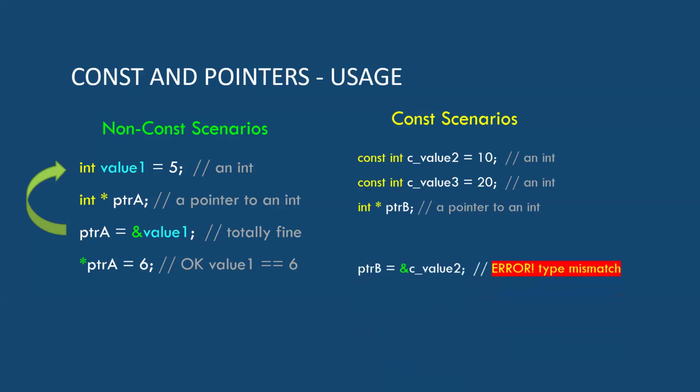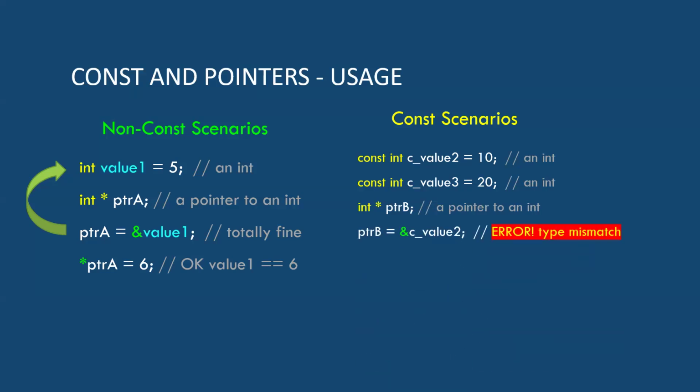But watch what happens here. This is the hot sauce. If you make your variables constant and you say, oh, I'll just take the address of that, the compiler sort of throws up its hands and says, these are not the same things. An integer is not the same as a constant integer. So we cannot say int star ptrB equals a constant, because that's a different kind of pointer.